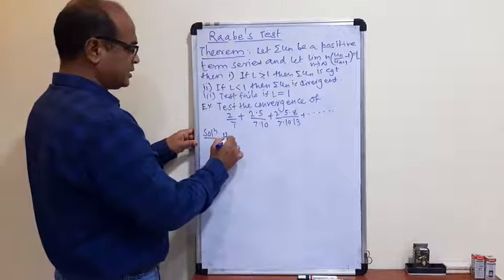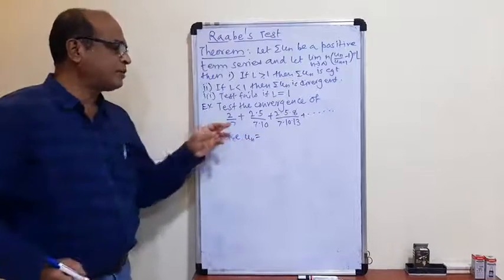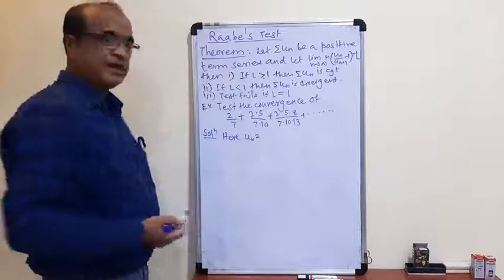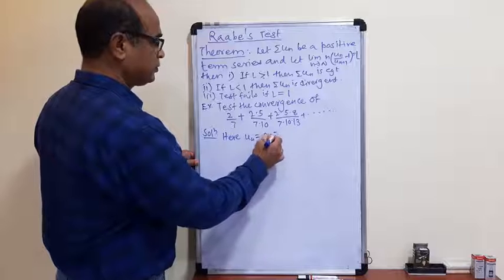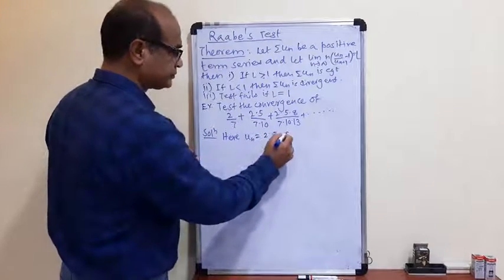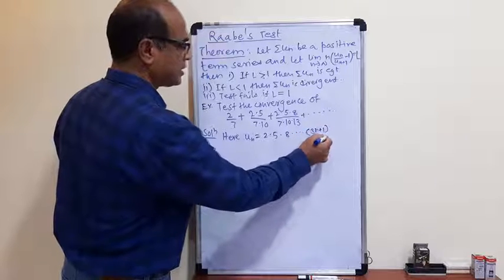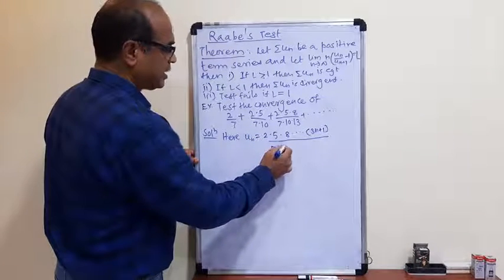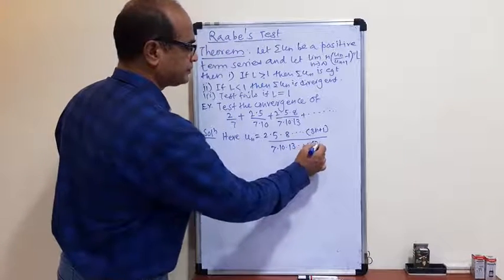Let here, what is un? Un is the nth term of that series. So this is the first term, this is second, third. So what is the nth term? The nth term is 2 into 5 into 8 and so on, 3n minus 1, divided by 7 into 10 into 13 and so on, 3n plus 4.